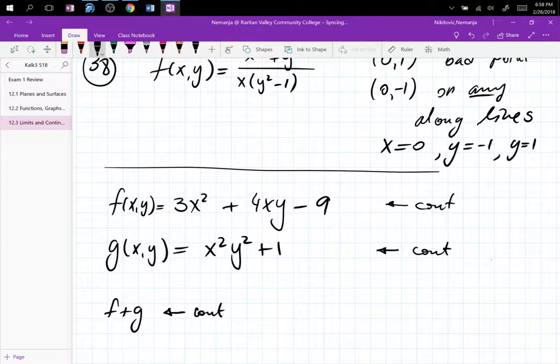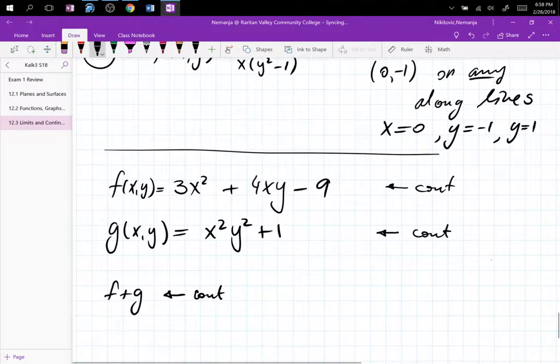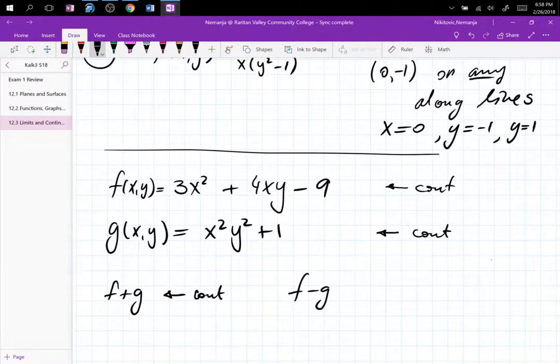I don't have any like terms other than negative 9 and 1, but still, all of the individual parts are quote-unquote polynomial-like, so we're good to go. f minus g, the same thing, continuous. If you multiply these guys, you also get continuous.